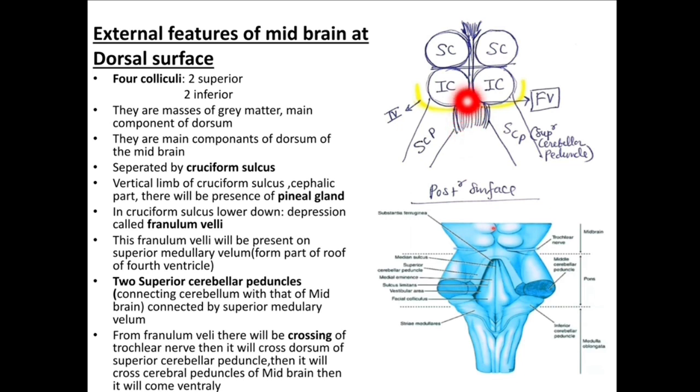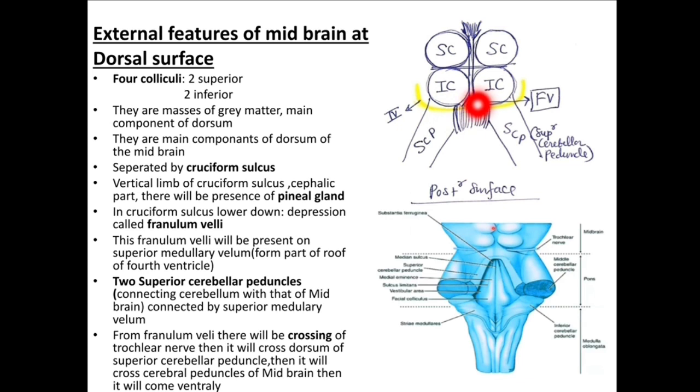From the frenulum veli, the trochlear nerve crosses the dorsum of the superior cerebellar peduncle, then crosses the cerebral peduncle of the midbrain, then comes ventrally. So this is the crossing of the trochlear nerve.